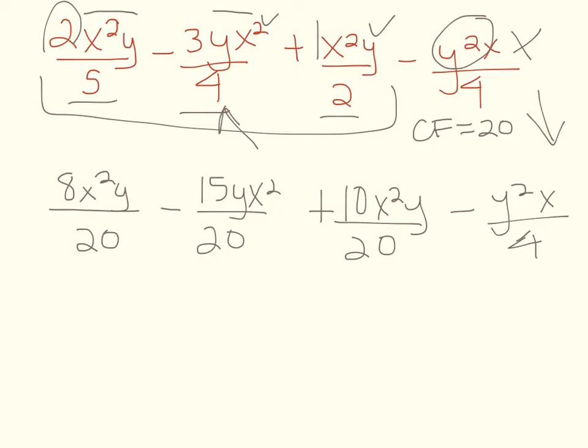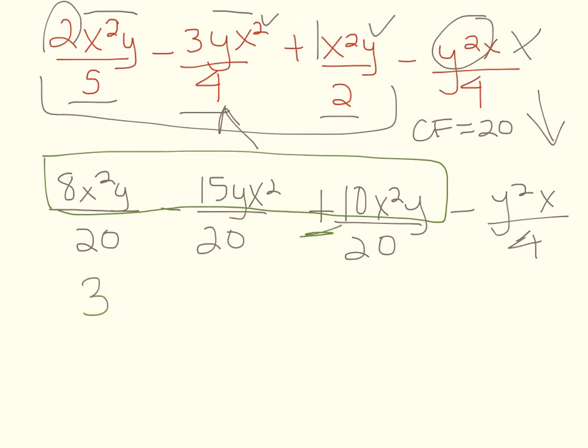Now we're going to combine, it's just adding and subtracting all of our numerators together to get our like terms. So we have 8 minus 15, which gives us a negative 7, and then we're adding a positive 10 to that, so that will actually give us a positive 3 in our numerator.